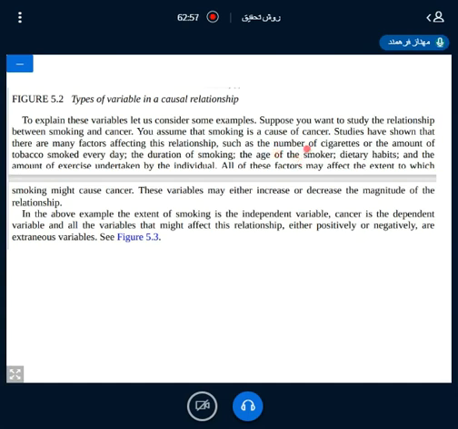All these factors may affect the extent to which smoking might cause cancer. These variables may either increase or decrease the magnitude of the relationship.